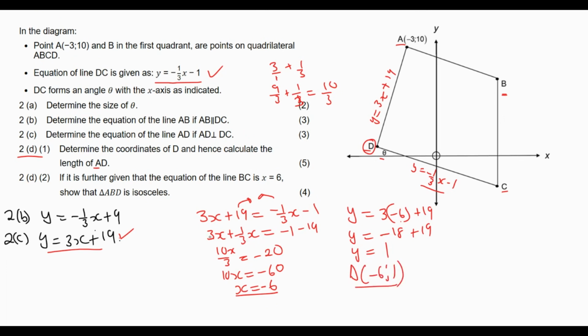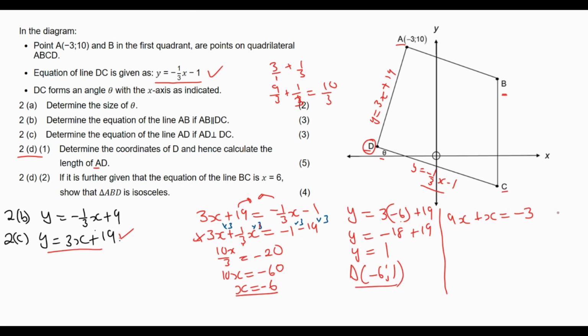Right, what we could have done here, we could have multiplied everything here by 3. Let me just show you. Multiply everything by 3. So 3x times 3 is 9x, then plus 1/3 times 3, we just remain with x here, then is equal to -3.